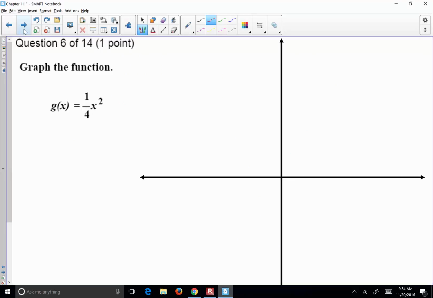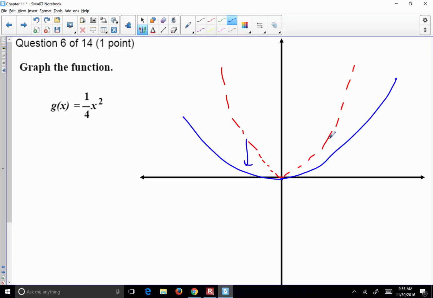Alright, tell me the results. Shrink or stretch? This is the original again. It's going to be underneath or above? Underneath. Shrink. It relaxes. These points are going down. Okay?